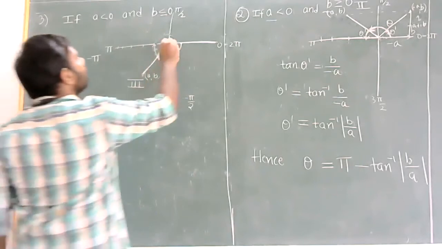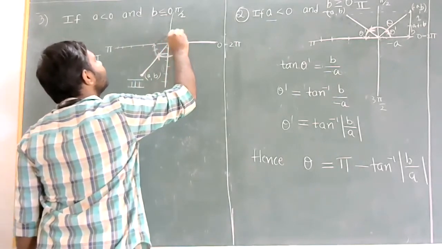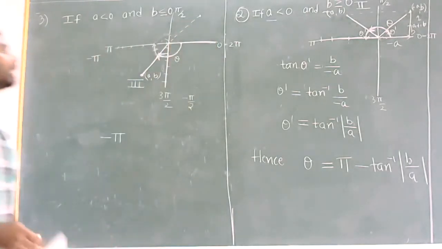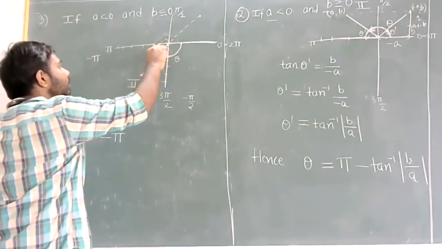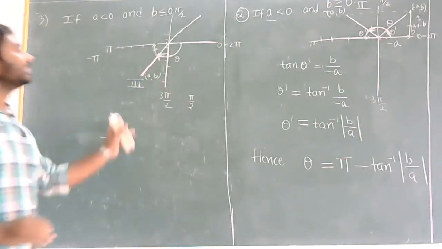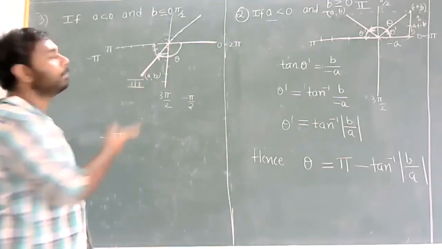Now extend this line to the same length. So the length of this line is equal to the length of this line. I have just extended it in the opposite direction. So what will be the points?